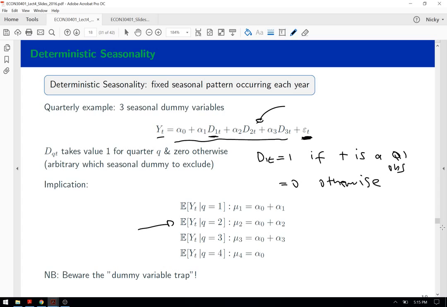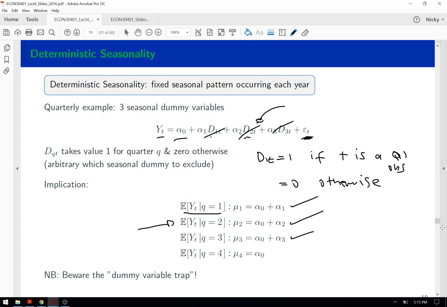So the average value of y, given quarter equals 1, well, in this case d1 equals 1, this will equal 1, all the rest will equal 0, and again the shock has mean 0. So we can see the average will be alpha 0 plus alpha 1. Then we can do the same for quarters 2 and 3. Then in quarter 4, all of these are 0, so we're just left with alpha 0.